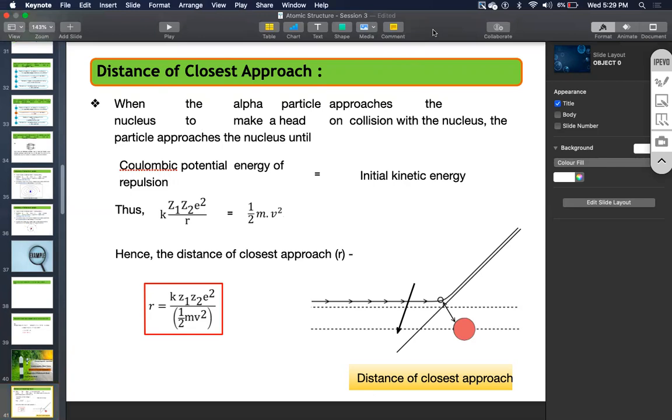Fast. K Q1 Q2 by R? Okay, fine. It is K Q1 Q2 by R. Though you will learn the proof of this in physics next year, in the electrostatics chapter. K Q1 Q2 by R is the potential energy of any two charge system.